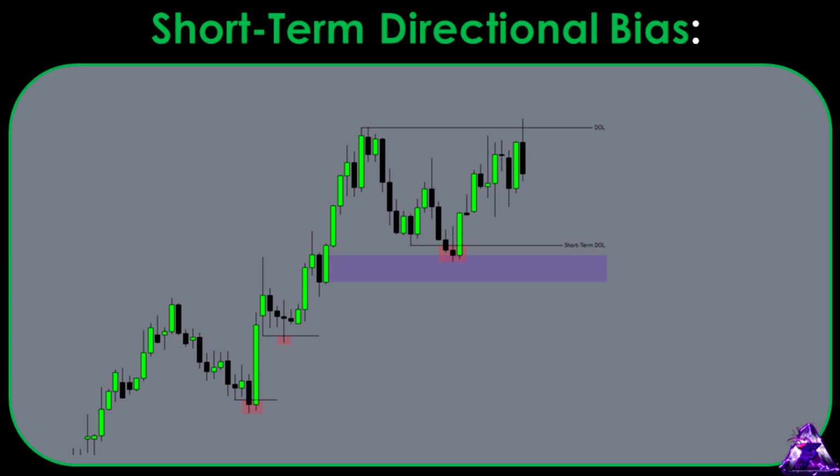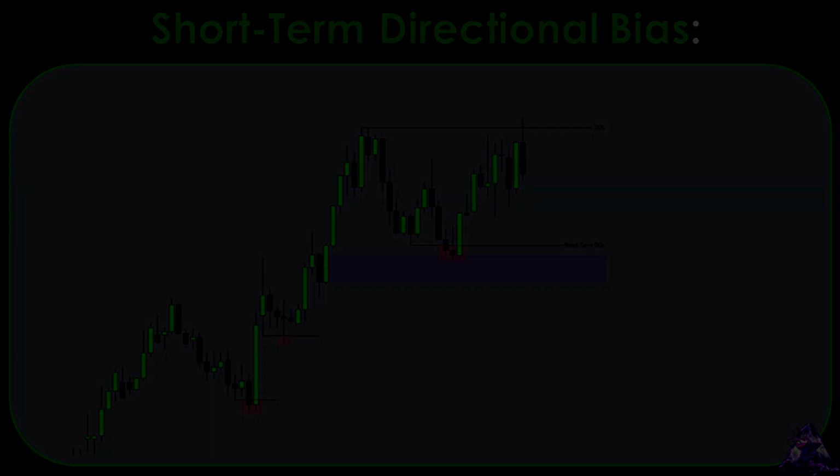Then, as price began moving higher towards the original draw on liquidity, you'd be left wondering what went wrong. This is a common thought process in these scenarios. Now that you understand the short-term draw on liquidity and the types of draw on liquidity, you won't struggle with this problem anymore. You'll be far more informed and accurate in your decision making.